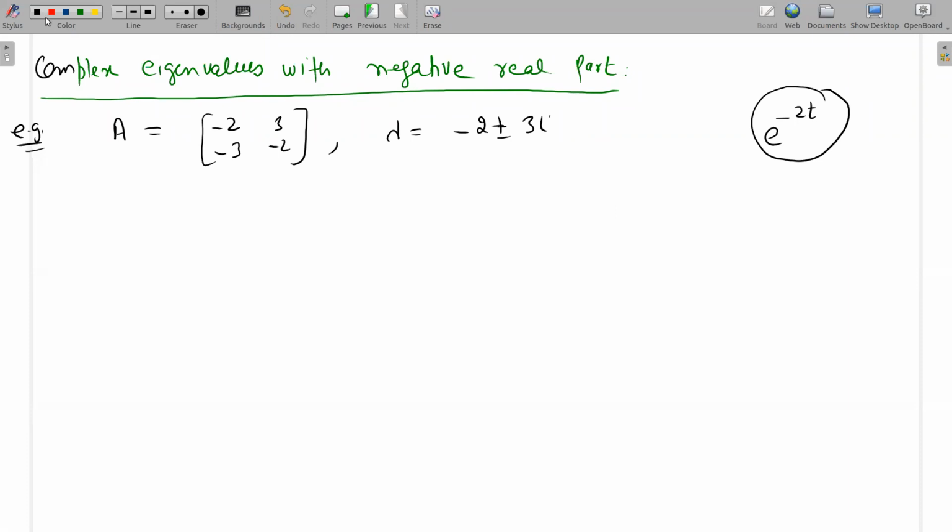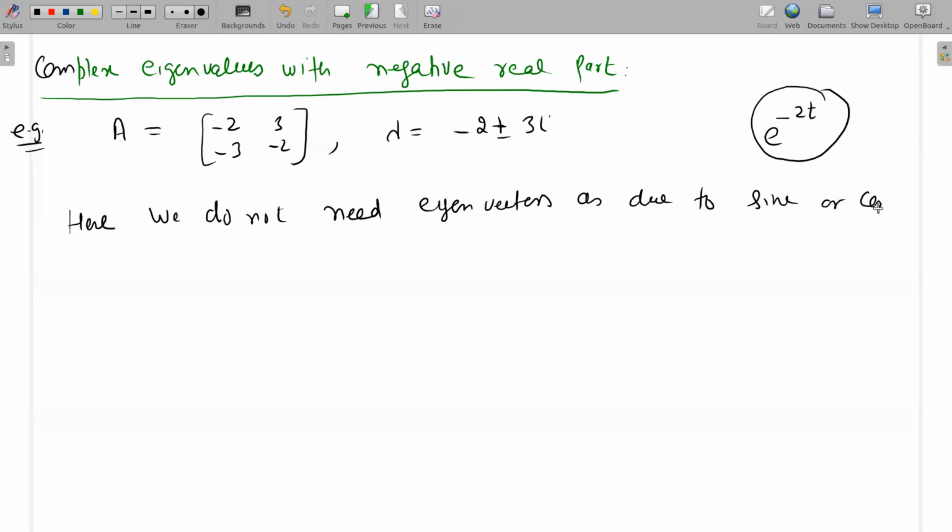Okay, so due to sine or cos, we will get spiral, and one good thing is that here we don't need eigenvector, as due to sine or cos, we will get spiral.